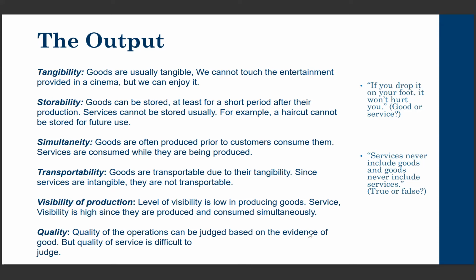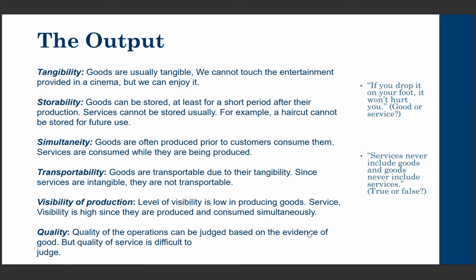For example, the same example, the computer. Do we know how this computer was made, how it was assembled, which steps were taken to make this computer? No, the visibility of the production process is not that clear. It's low visibility. Most of the time, we only see the end product from a supermarket when we are buying goods.